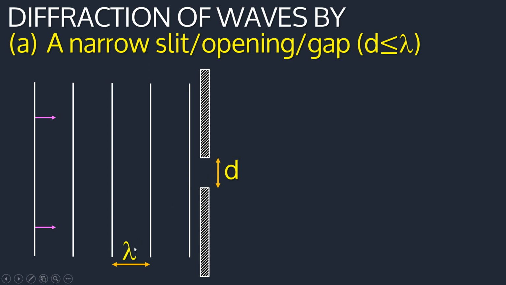So a slit or an opening is said to be narrow only if it is smaller or equal to the wavelength of the incident wave. Let me repeat. A narrow opening is one whose size is less than or equal to the wavelength. Okay? D is less than or equal to lambda.